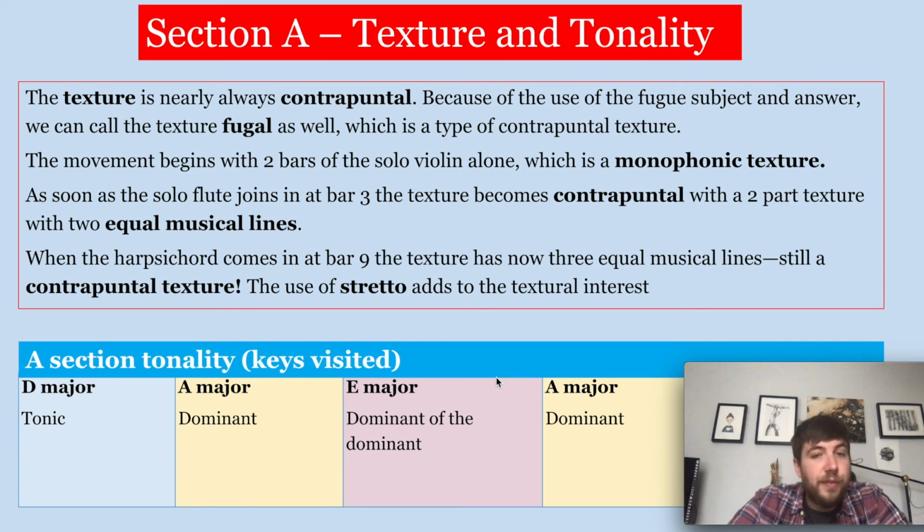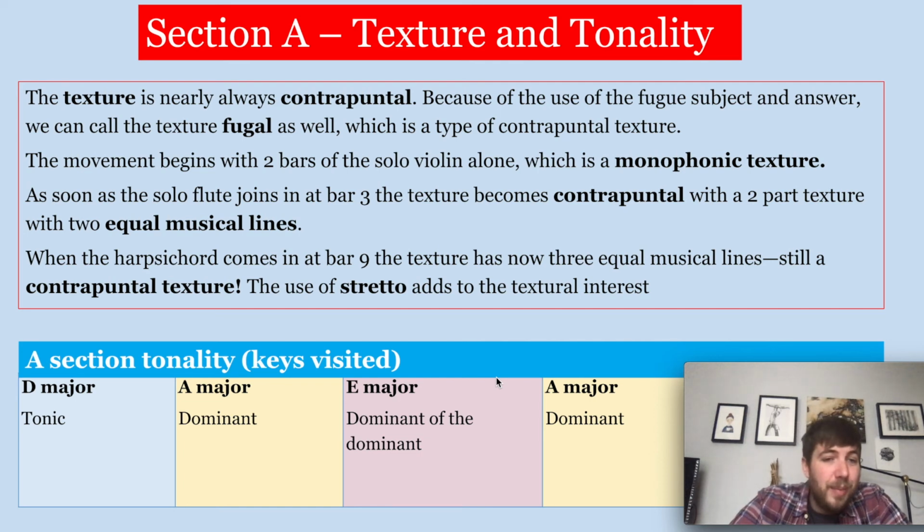But as soon as the flute joins in at bar 3, that texture changes and becomes contrapuntal. You've got 2 melody lines, 2-part texture with equal musical lines. They're both melodies. They're not doing a solo and accompaniment, melody and accompaniment. They're doing two melodies at the same time.